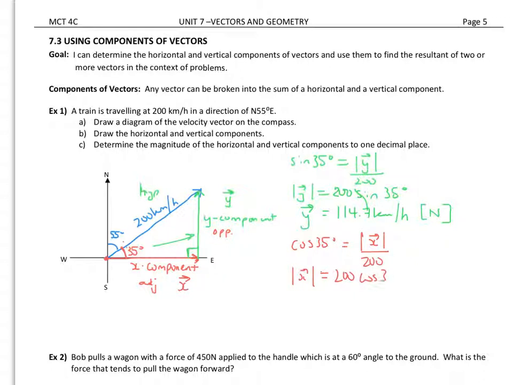Put that in the calculator. It's going to pop out a value of 163.8. And because that's heading to the right, that's actually east on my compass. So now I have direction. That is my entire vector, including the direction. So those are my two components for that original vector.